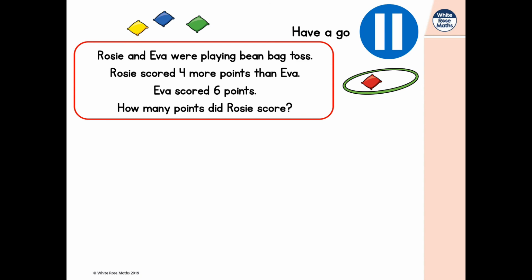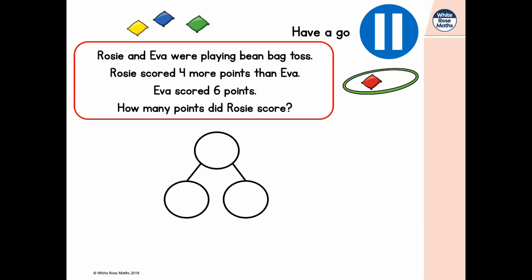Right, here we go. Which strategy did you use to find out how many points Rosie scored? I decided to use a part-part whole model. Here's what I think. I want to write down the calculation first. I know that Eva scored 6 points, and I know that Rosie scored 4 more points than Eva.